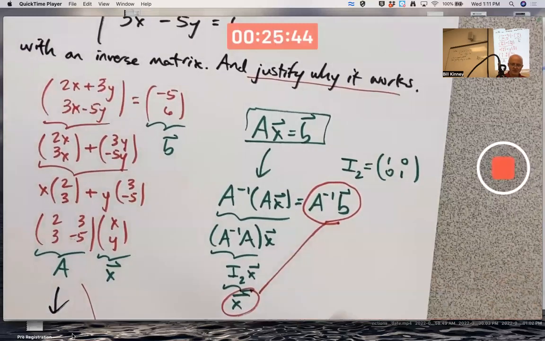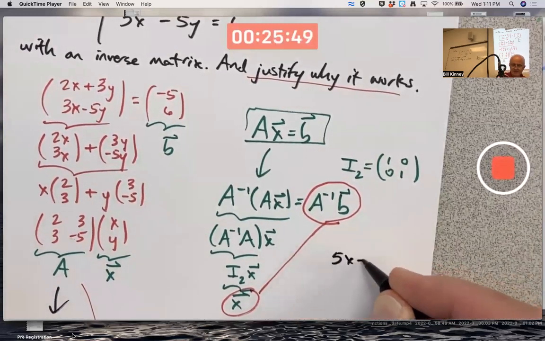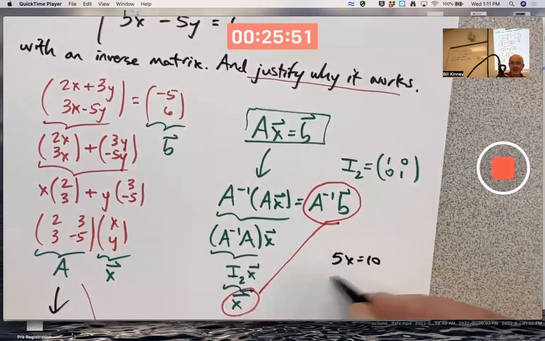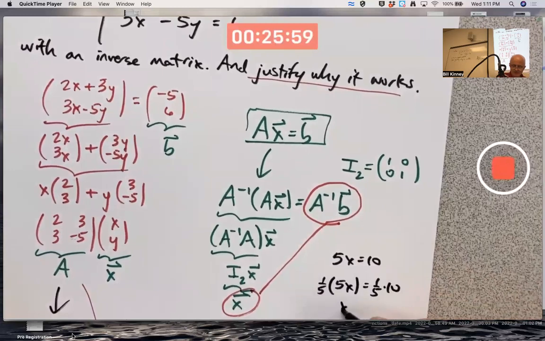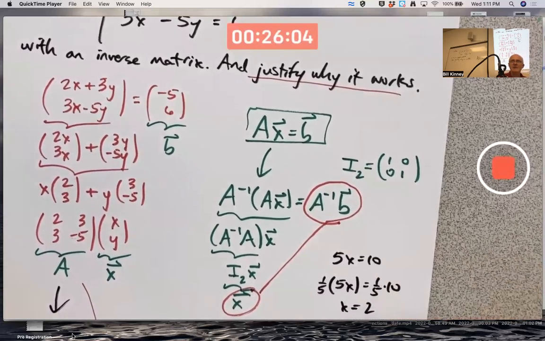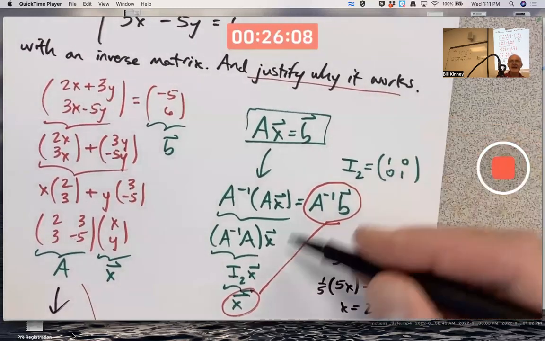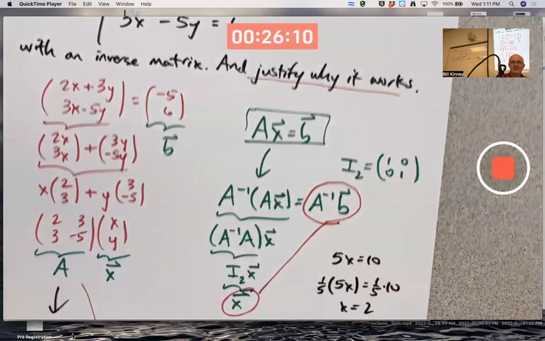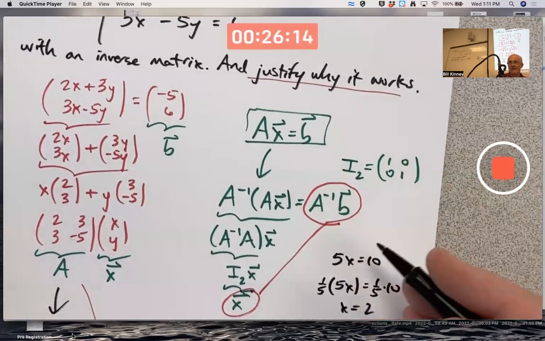It's a matrix vector analogy to solving an equation like 5x equals 10 by dividing both sides by 5, meaning multiply both sides by the multiplicative inverse of 5 to get x equals 2, right? There's a very simple linear equation in one variable using just numbers, not matrices and vectors. But this is completely analogous to that, except it's using matrices and vectors. That's an abstract justification for why this works.